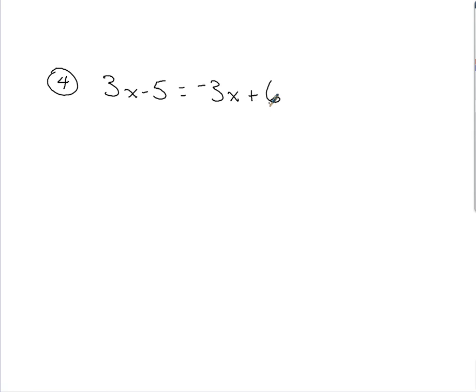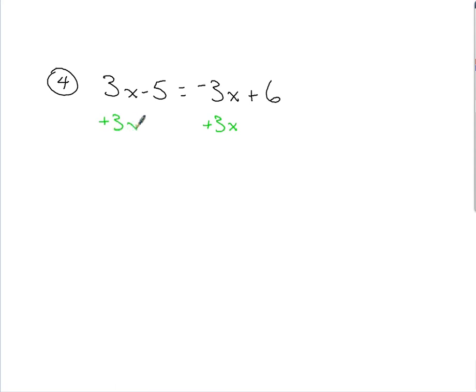Well, you start off with the same intent, making sure each side is simplified, which each side is here because all like terms have been put together. There's no parentheses, so there's no distributing either. Here you just have to decide, what do I want to move first? It doesn't matter. Normally I'll move the variables together. Maybe I'll take this minus 3x and add that over.